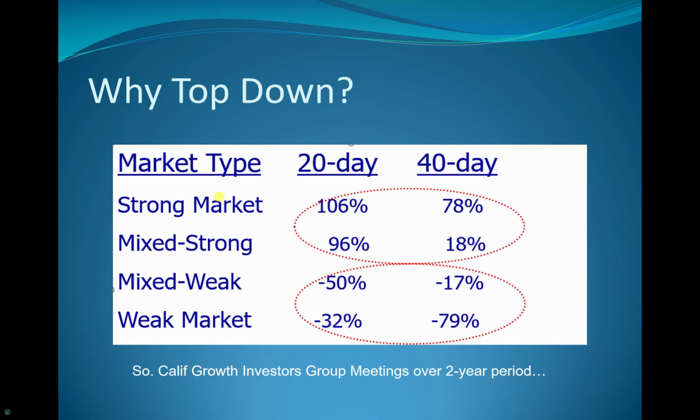In a strong market, good stock picking, 106% return in 20 days, you doubled your money in a month. And in a weak market, the same people sucked. So it wasn't the people and how smart they were and how good they were at picking stocks. It was the market.